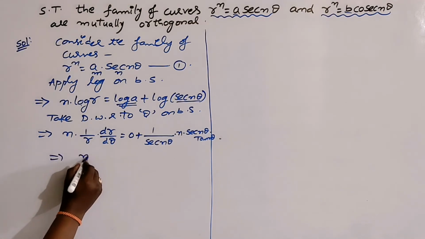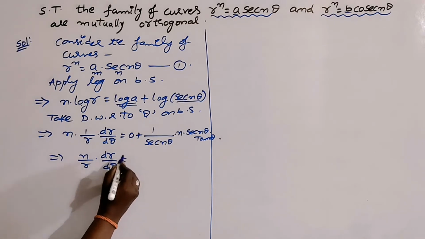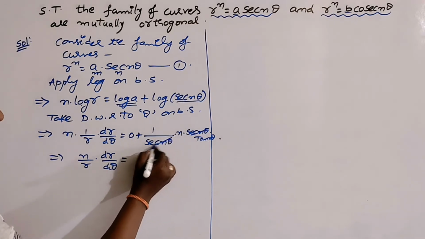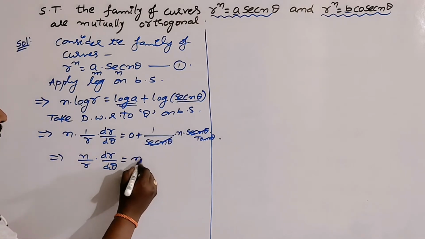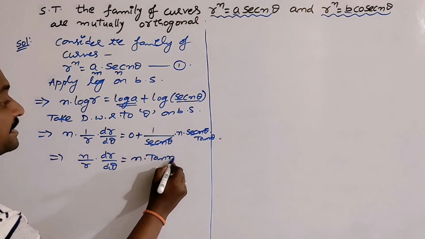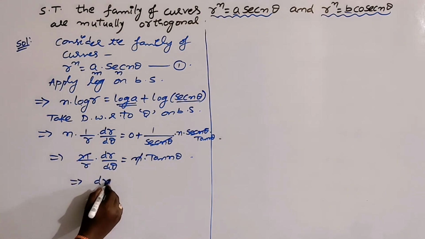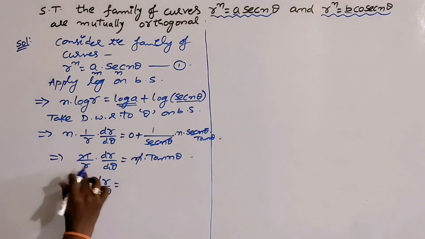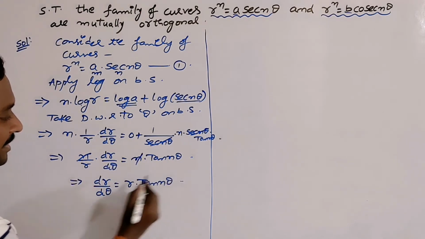So (n/r) dr/dθ equals 1/sec nθ times n sec nθ tan nθ. The sec nθ gets cancelled, so the remaining part is only n tan nθ, and n also gets cancelled. So dr/dθ equals r tan nθ.